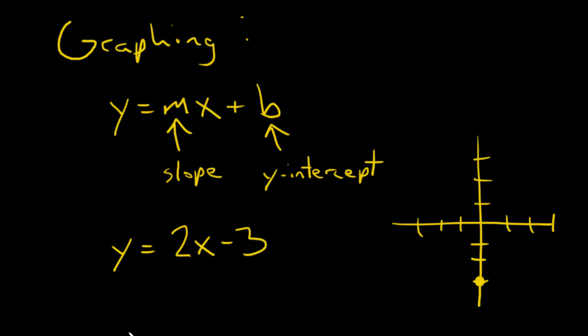And the slope is always rise over run. So instead of this as 2, I can think of it as 2 over 1. So it is going to go up 2 over 1 for the next point. And then I just connect the dots.